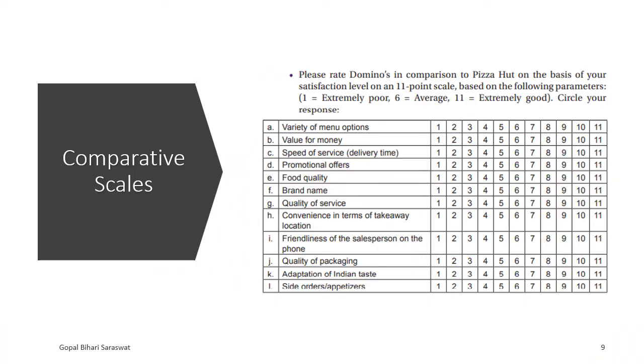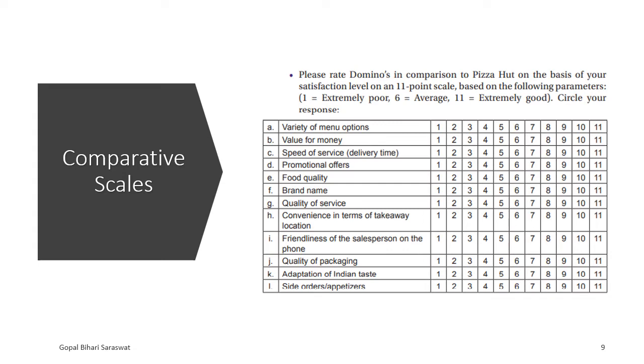So in the comparative scale, let's start with an example, Domino's and Pizza Hut. These are two different outlets offering pizzas to their customers, and they are willing to have feedback.